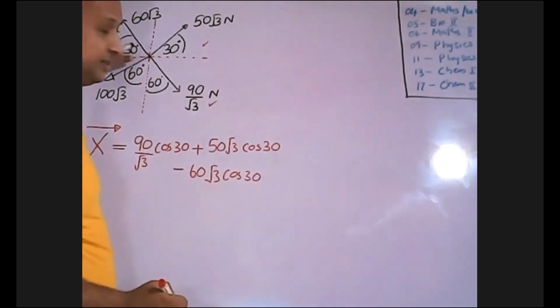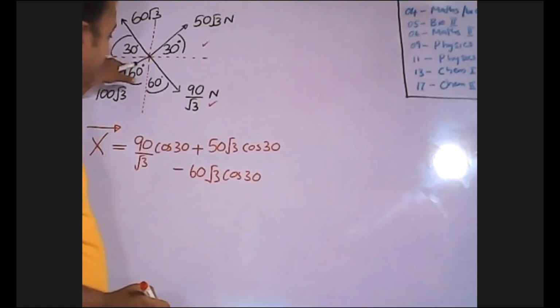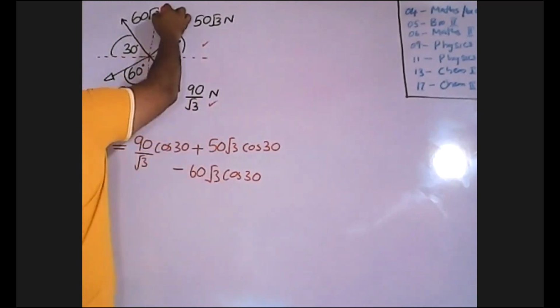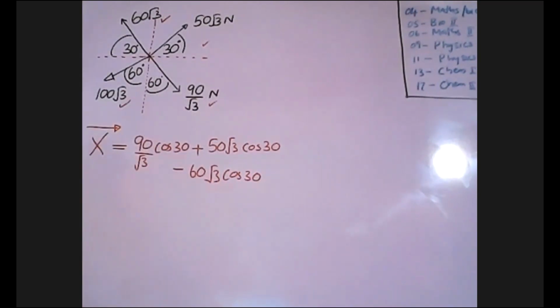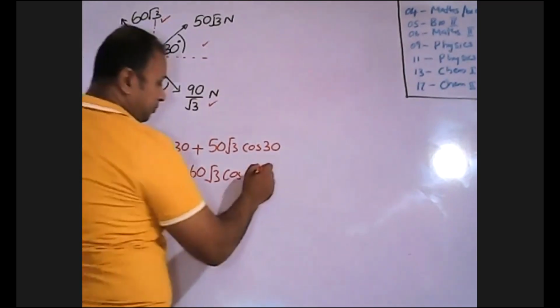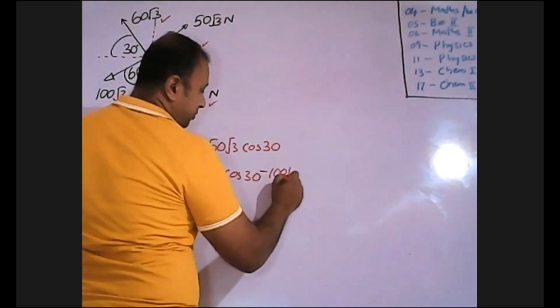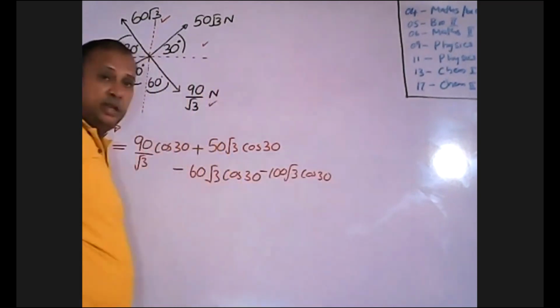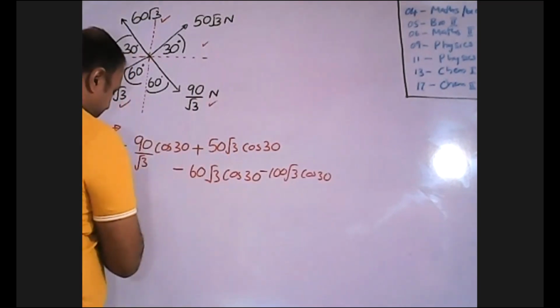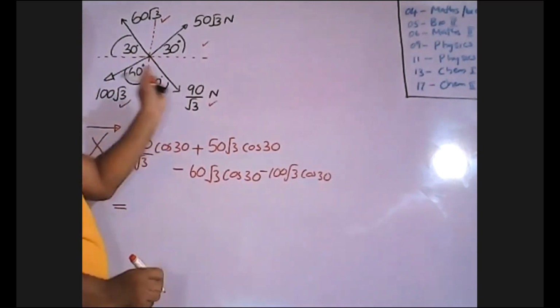This angle is 30. This angle also 30. Therefore, if I resolve 100 root 3 into x direction, 100 root 3 cos 30, it is also a negative value because it is in the negative direction.